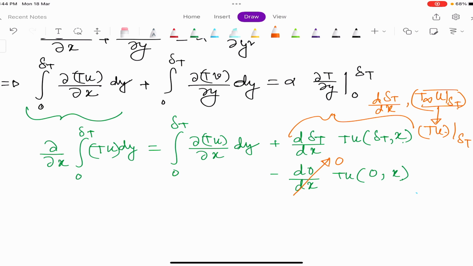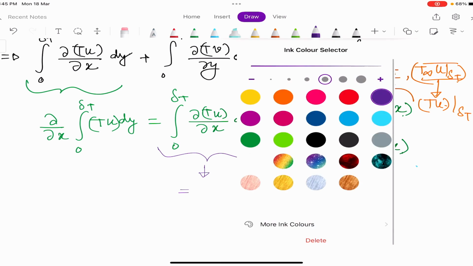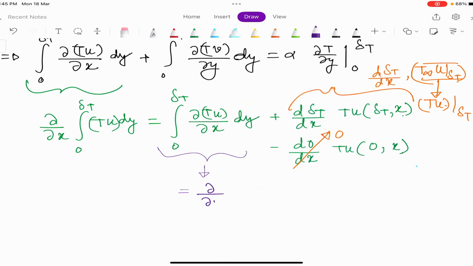Now I can write d/dx because I have already integrated with respect to y, so it will be only a function of x.